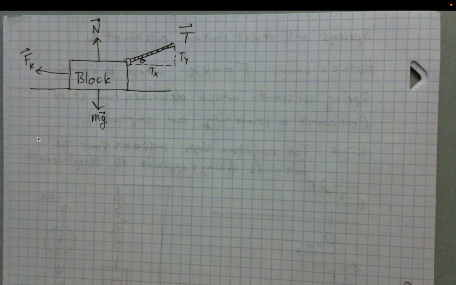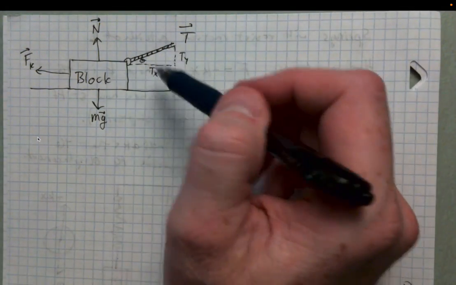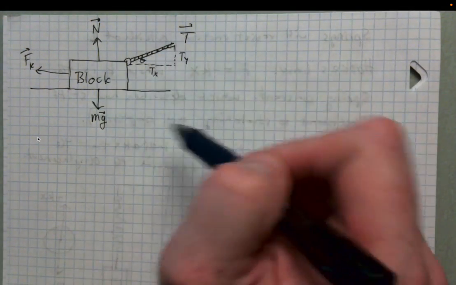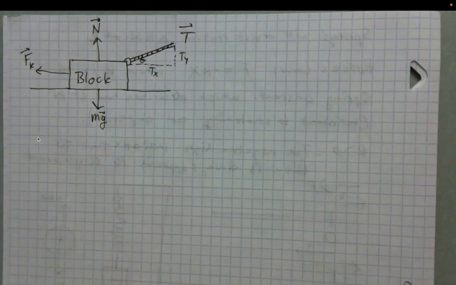And so the vertical component is going to offset the normal force, which will in turn reduce the friction force. So it is possible to set up problems like this to figure out what angle you should pull this block at to make it slide, to minimize the forces. And so you can get into some pretty interesting physics problems with tension.